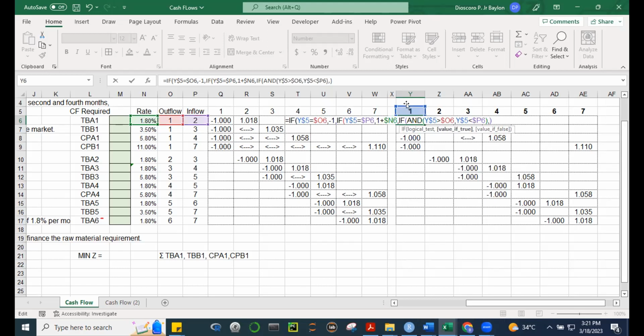If the month that we're looking at is both greater than the outflow and less than the inflow, the legend, which is the symbol. So quotes, and then less than, 1, 2, 3, greater than there, right? Comma, what is the value if false? Then nothing already. Double quotes. Nothing, right? And then I'm going to close this.